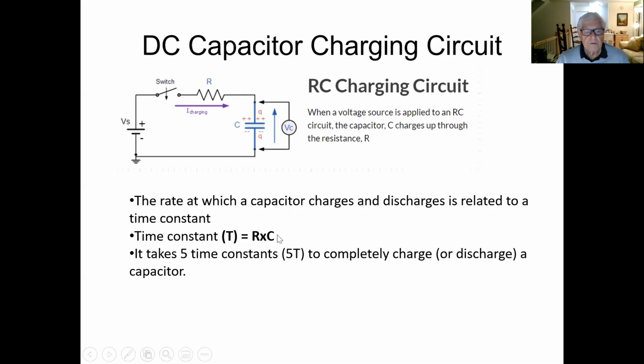The time constant is going to be some numerical value in seconds or microseconds or whatever, but 5 times that time constant is what's needed to completely charge, or completely discharge going the other way, that capacitor.